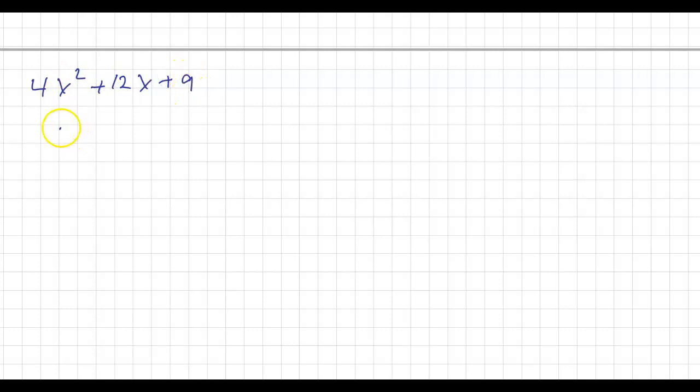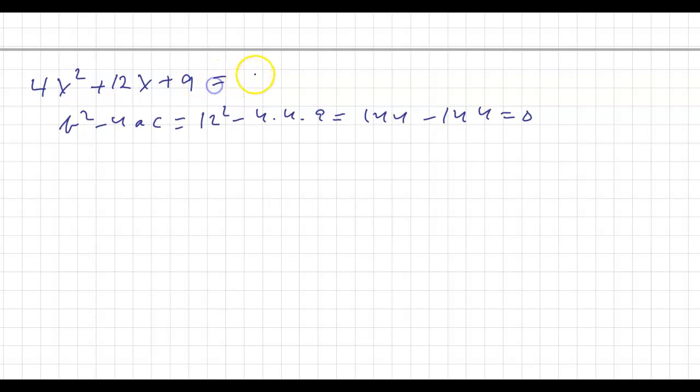I want to say a little bit more about perfect square trinomials. Here's 4x squared plus 12x plus 9. If you do b squared minus 4ac, you get 12 squared minus 4 times 4 times 9, which is 144 minus 144, which is 0. So this thing is also a perfect square trinomial.